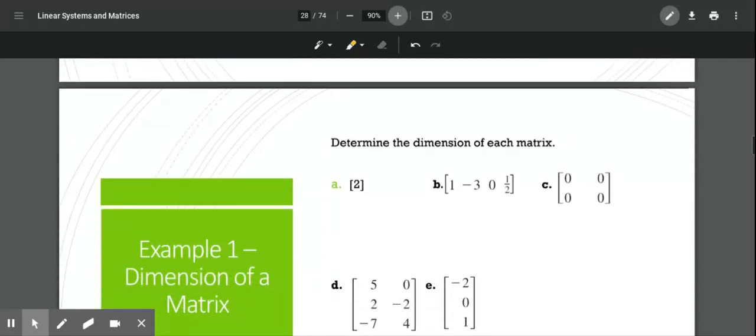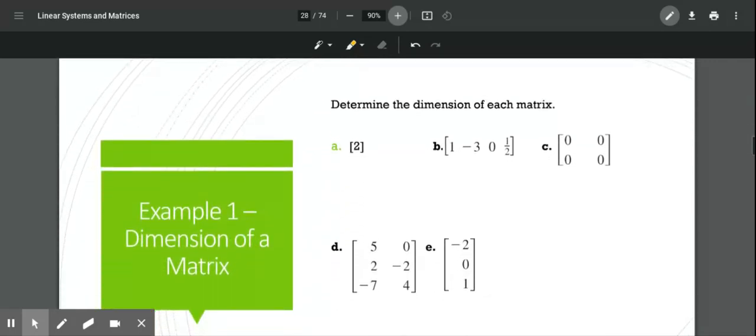So if we look at this first example, we're just determining the dimensions of each matrix. To determine your dimensions, you just count the number of rows and the number of columns. In our first matrix, we have one row and one column, so the dimensions are 1 by 1. In part B, we have one row and 4 columns, so the dimensions would be 1 by 4.